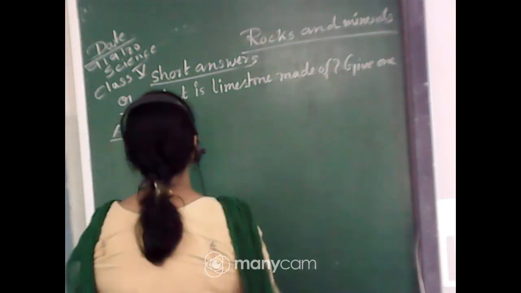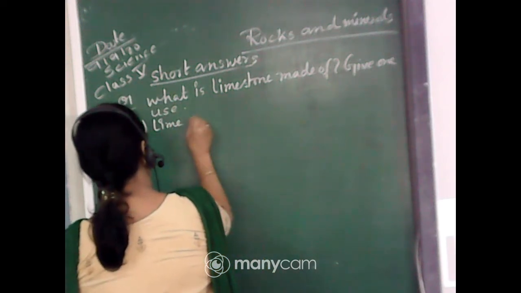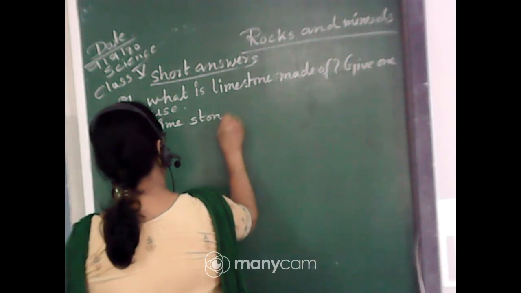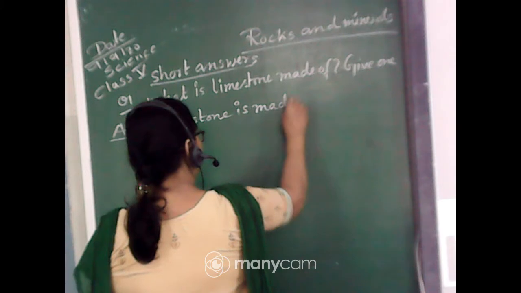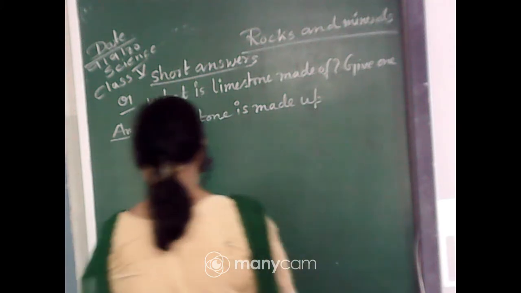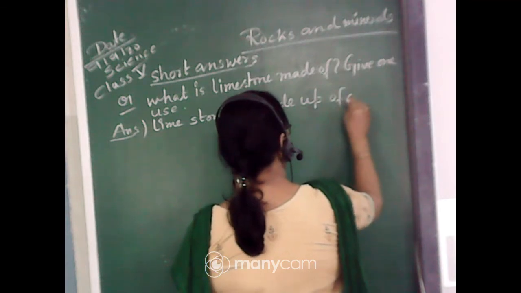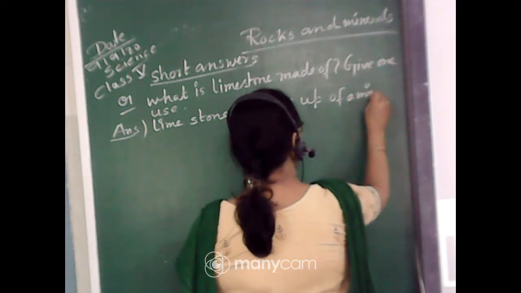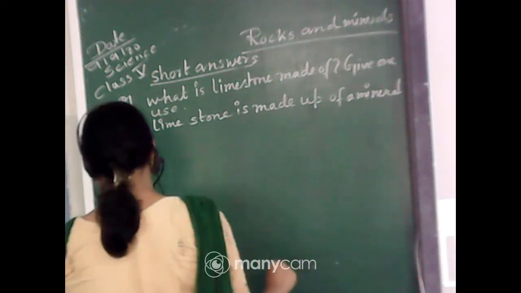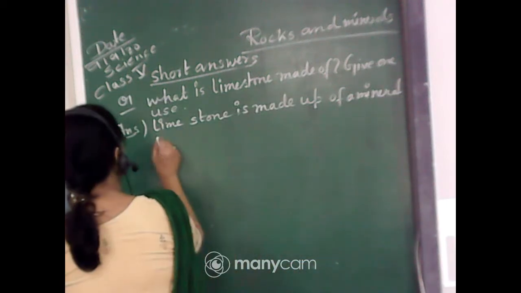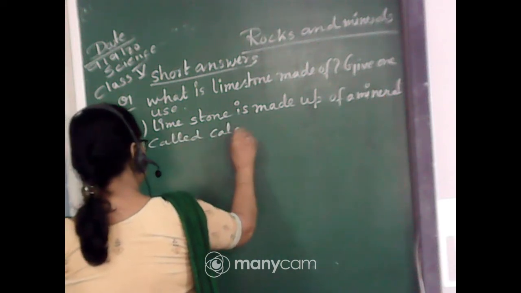Limestone is made up of a mineral called calcite.